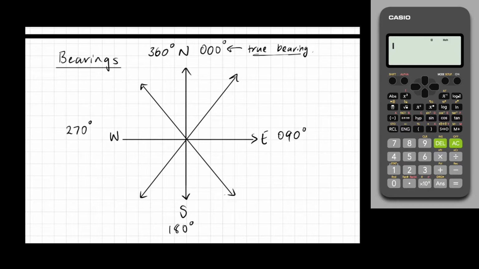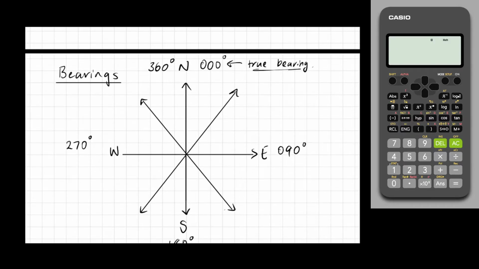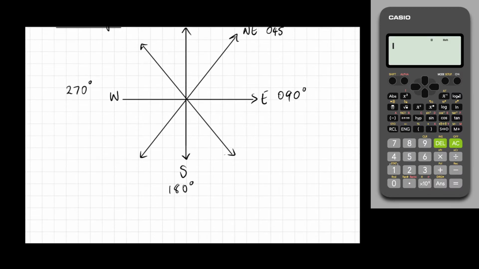Okay, it doesn't actually matter which way you go in that regard. In most cases, though, it'll probably say directly north. And in a lot of cases, you don't actually need to know that it's 360 or it's 0 degrees, but it just makes it a bit easier for us. Now from here, we've got our halfway points. So here we've got our northeast point, so halfway between north and east. And of course, it's associated with the angle 45 degrees.